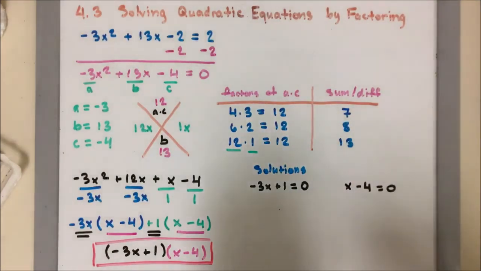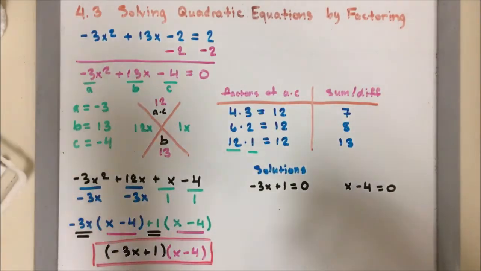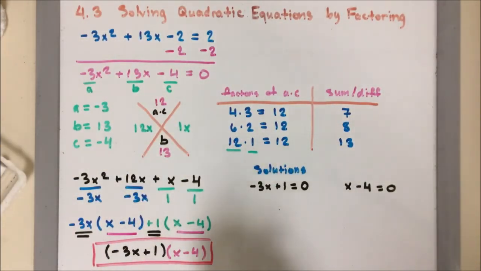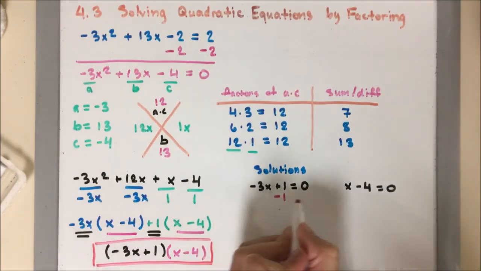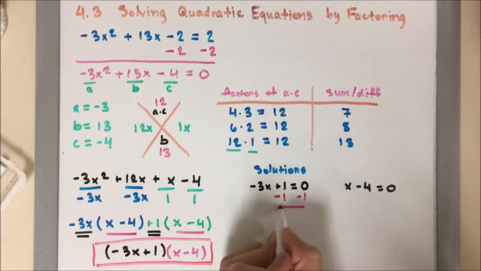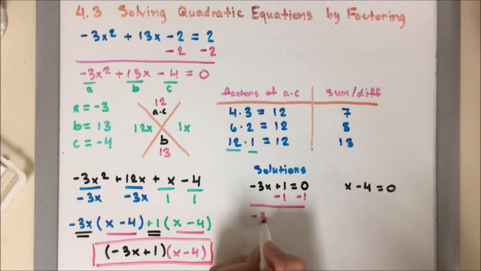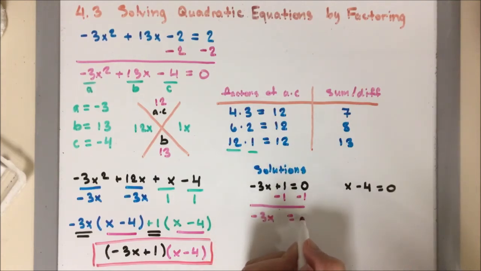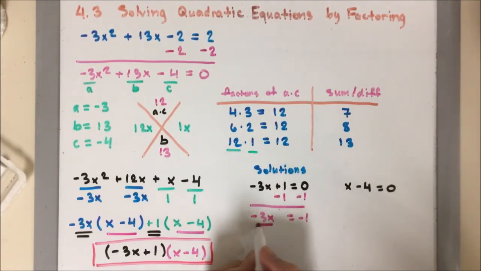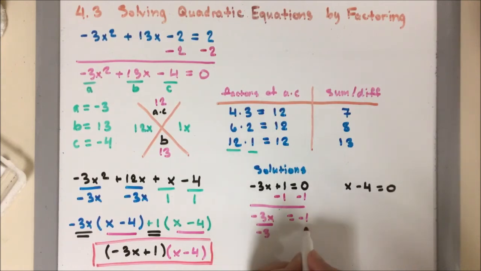And then I'm going to start solving for x. So let's take a look at the left one. To cancel out the 1, I'm going to subtract 1 on both sides of the equal sign. So negative 3x equals negative 1. Then I'm going to divide by negative 3 on both sides to solve for x. So x will equal positive 1 over 3, or 1/3.